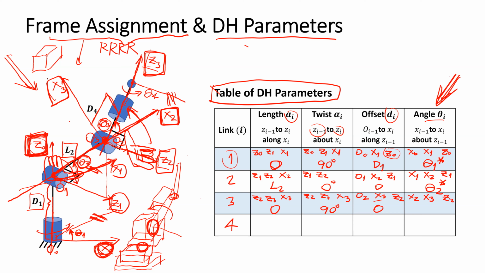We know that theta 3 is this angle. And the angle measured from X2 to X3 about the axis C2 is the angle measured from this direction to this direction. We have theta 3 plus 90 degrees.